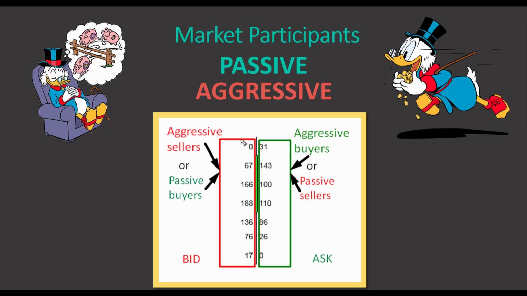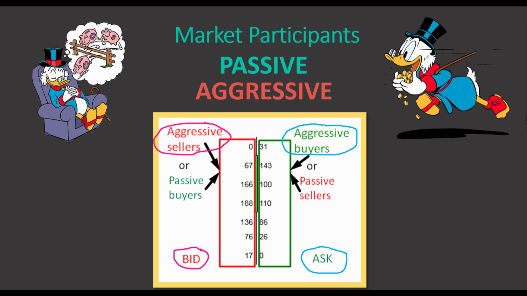And on this picture you can see one order flow footprint with bid in here and ask in here, and it shows that on bid we have aggressive sellers and on ask aggressive buyers. So this is the common knowledge, right?